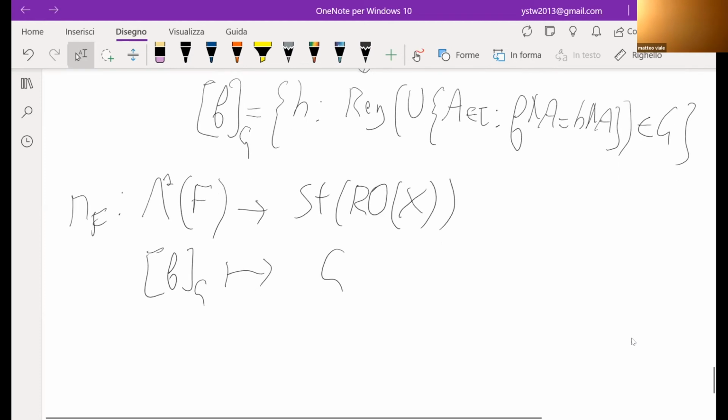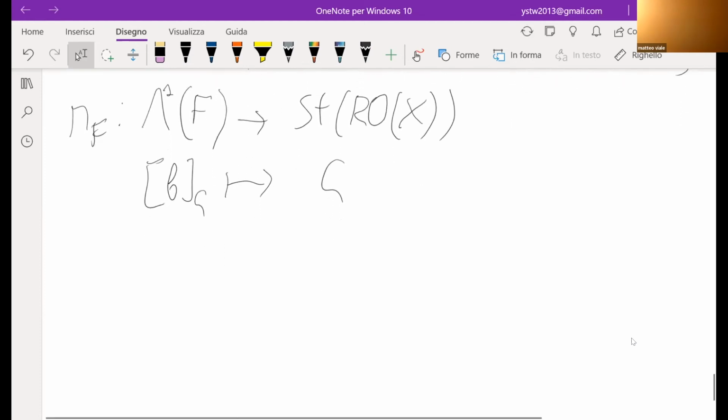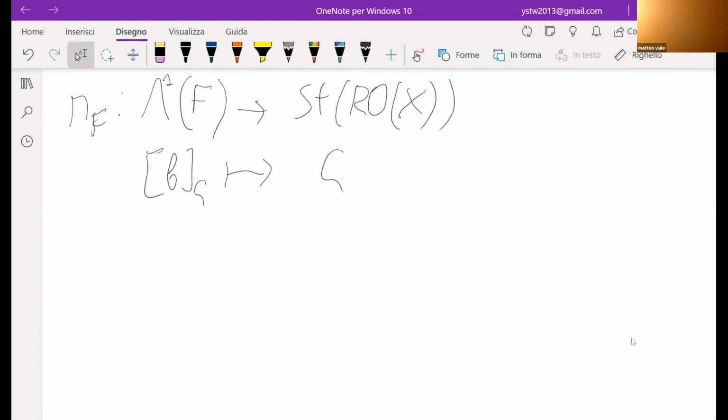Okay, and now we can look at this space. I have to give the topology. Well, the topology is exactly obtained as you should expect. I'm copying the definition from Moerdijk–MacLane. I take local sections, and I just consider the case in which the local section is defined on a regular open set.